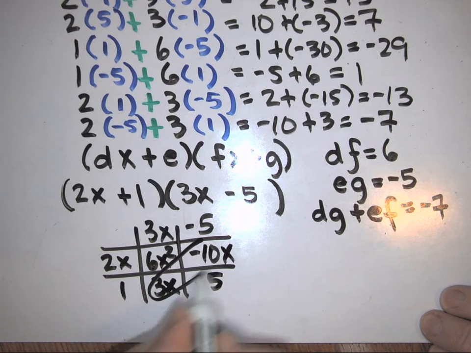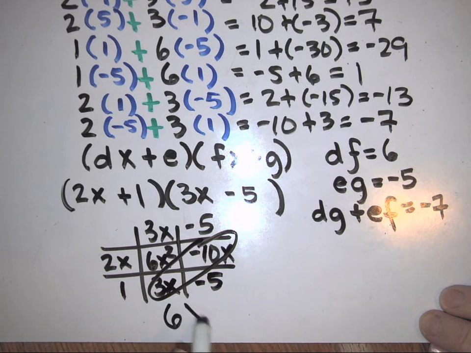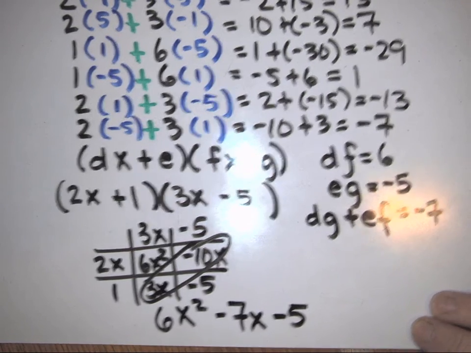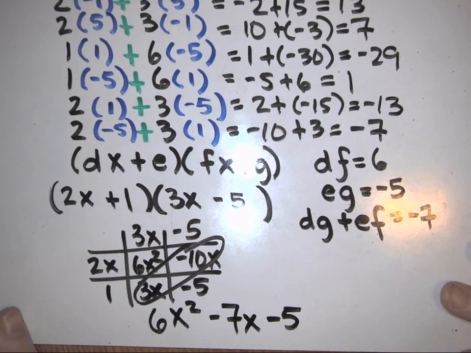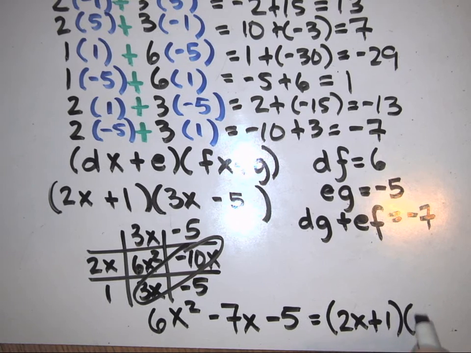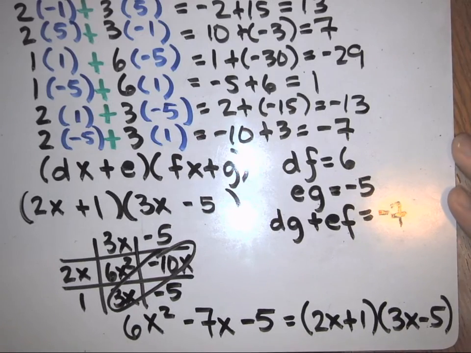We end up combining our like terms and we get 6x squared minus 7x minus 5. So our final answer is that this will factor to (2x + 1)(3x - 5).